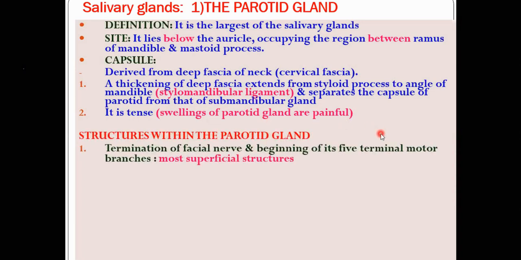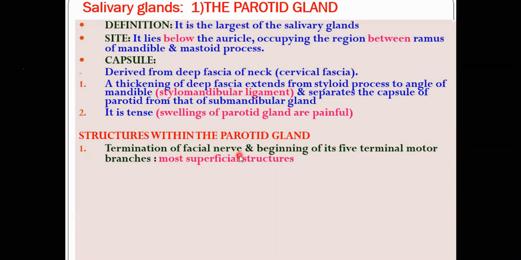Structures within the parotid gland. Now the parotid gland, as it is lying on the side of the face and in front of the ear, many structures which supply the face musculature cross through this parotid gland. What are those?